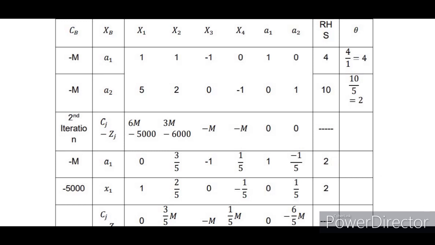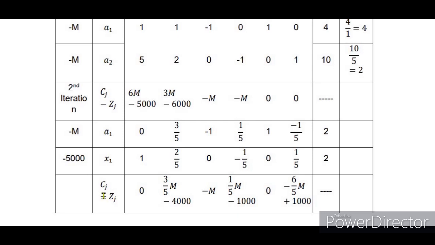So now we will solve for the values of Cj minus Zj for each column. For the first column, which is under x sub 1, negative m multiplied by 0 is 0. Negative 5,000 multiplied by 1 is negative 5,000.